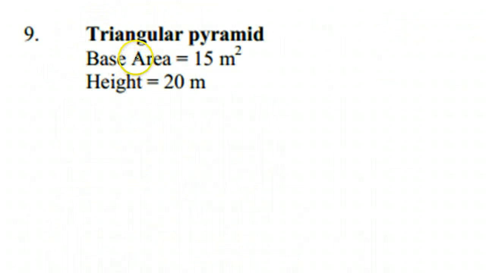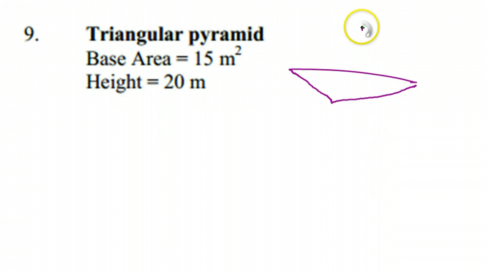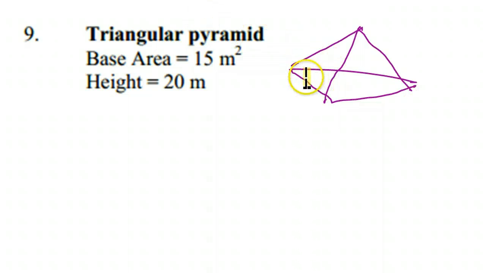For number 9, they're talking about a triangular pyramid. In other words, it's a pyramid that has a base that is a triangle. I should mess around and try to draw it. That'd be crazy. Something like that. Anyway, they didn't make us calculate the base.